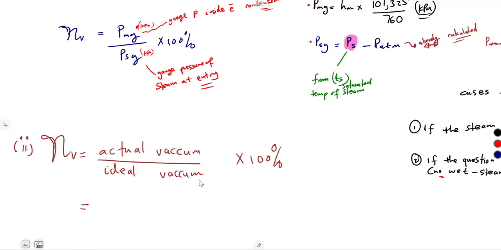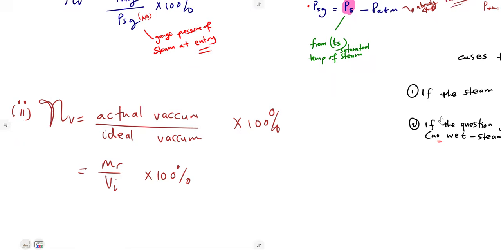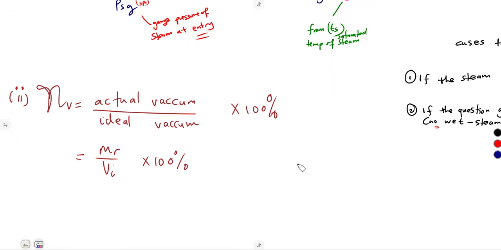This is the formula that we see from your other textbooks or even question papers using MR over VI. I'm not going to change it so that we do not have confusion, because there are already a lot of things that we have introduced. This is MR, whenever you see it, it's just the manometer reading, the HM.